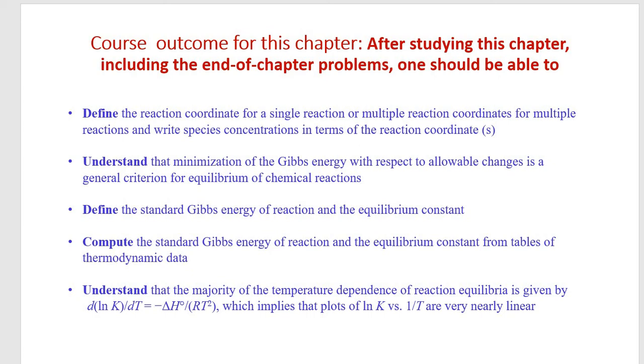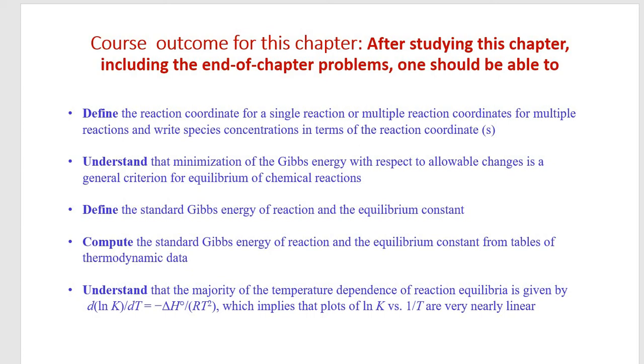After completing this chapter and also solving the chapter problems and assignment problems, one should be able to define the reaction coordinate for a single reaction and for multiple reactions, and write species concentration in terms of reaction coordinate or coordinates.